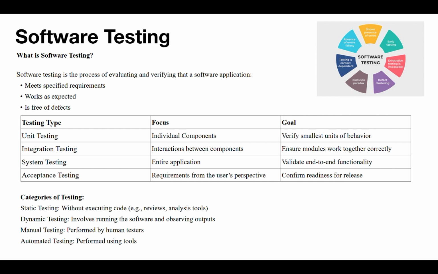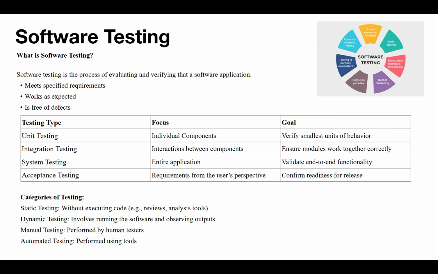System testing focuses on the entire application, and the goal is to validate the end-to-end functionality. Acceptance testing focuses on requirements from the user's perspective and confirms readiness for the release. So it's a step-by-step process, but that's how code works. Everything is a step-by-step process.